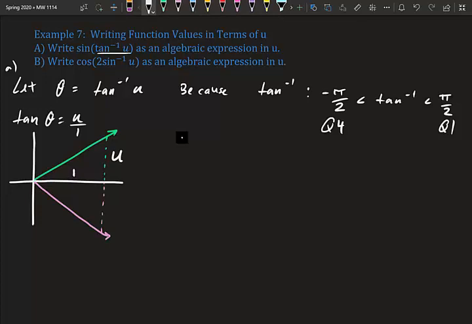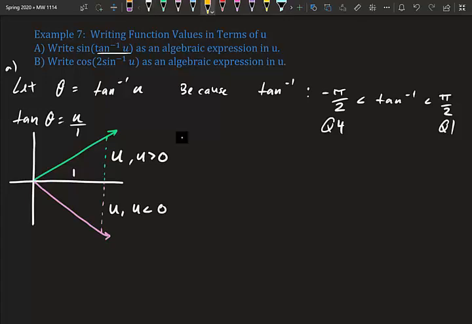And then here, u on this side right here, isn't that where the y value would be? The u, because it's going up and down. So that means u has to be positive. Here, u has to be negative because it's going down. See how it's going down? So u is negative. So let's find our hypotenuse for each of these.